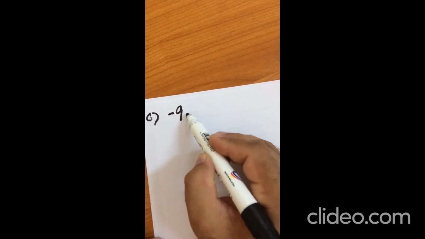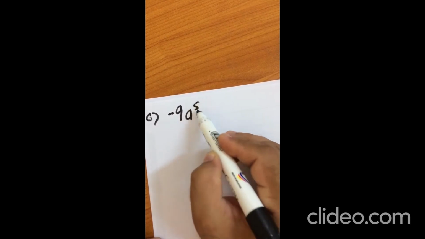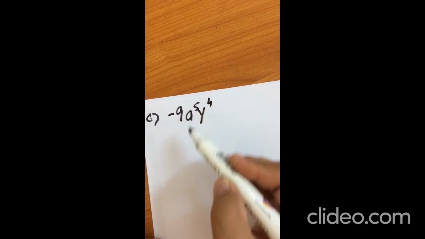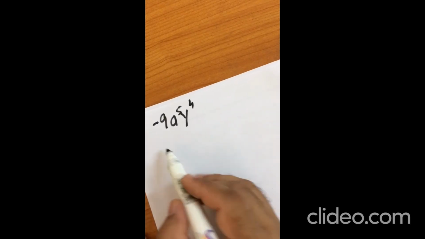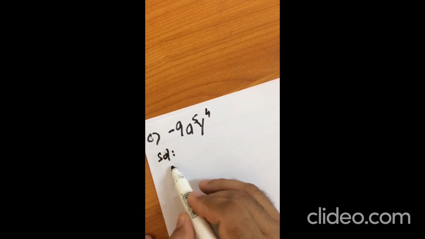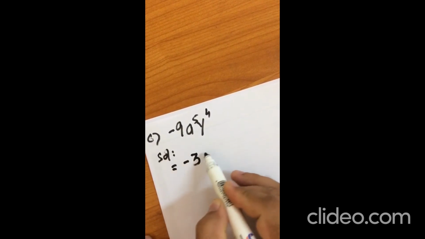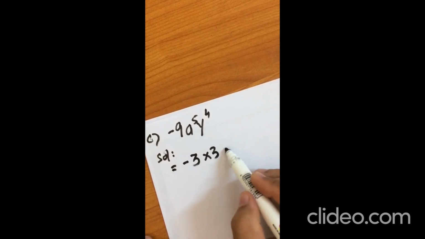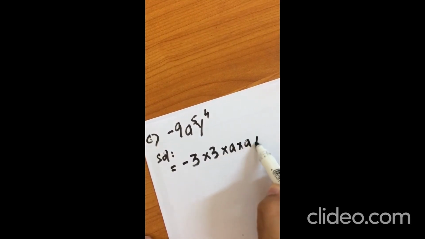Minus 9 a to power 5 y to power 4. Sorry, 4. I can't see this. So in case minus is there, you don't need to change the sign of the negative sign. Minus 3 multiplied by 3. A 5 times. 1, 2, 3, 4, 5.